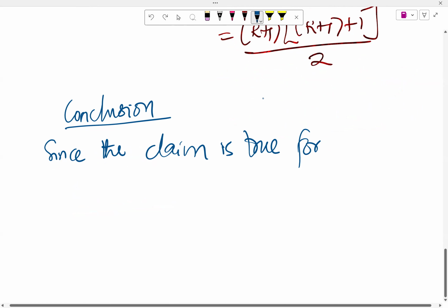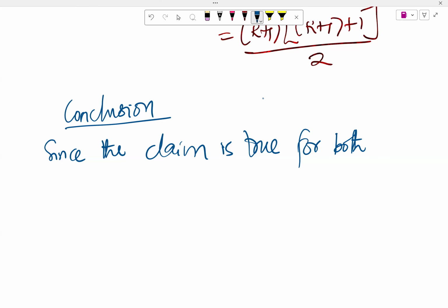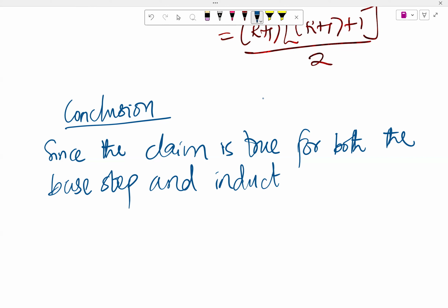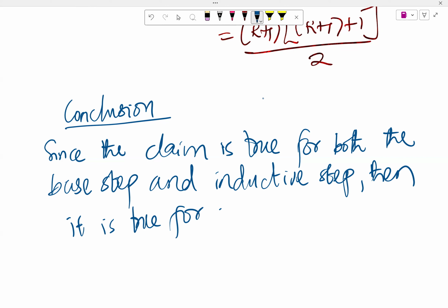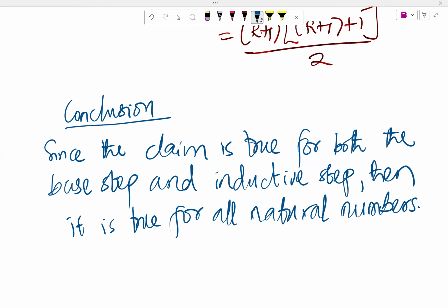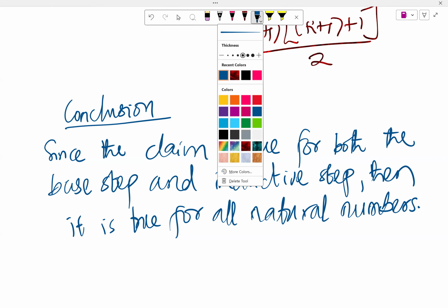You can say, since the claim is true for both the base step and inductive step, then it is true for all natural numbers, all right? It is true for all natural numbers. So that puts paid to the first question.